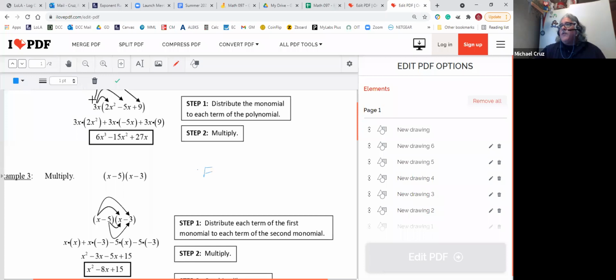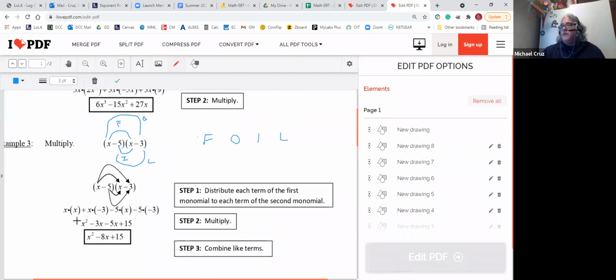It's not really a method. It's just a way to keep track of which one to do. In other words, this one right here would be called the first. This is the outside. This is the inside. And then the last are those. So that just gives you a way to keep track of what you multiply by what.